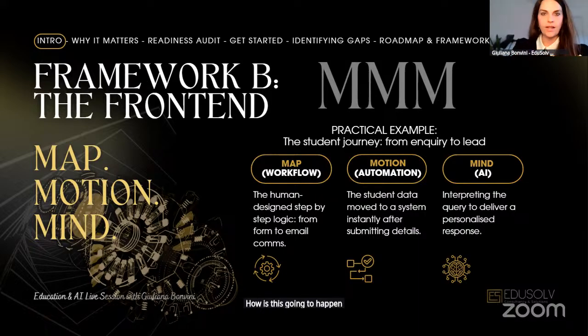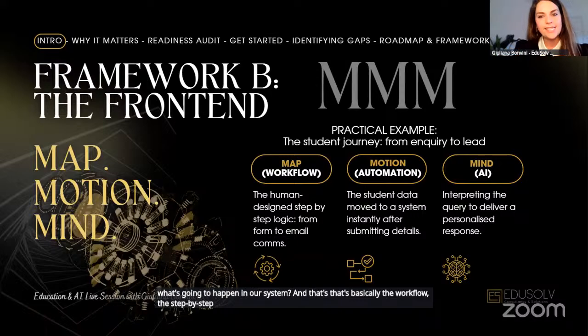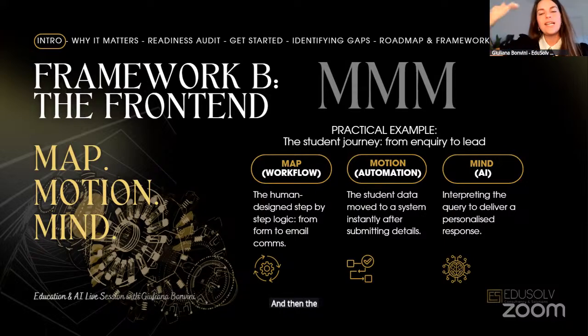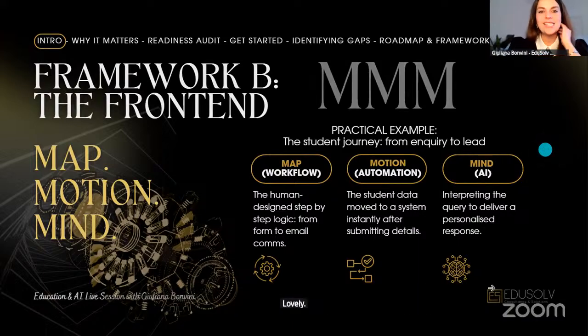What are the steps that they're going to take? What's going to happen in our system? That's basically the workflow, the step-by-step process that we need to put in place. And then the automation, which is moving data from point A to point B. And then the AI working in the background to transcribe and interpret the situation, make decisions, and generate an output. Okay, lovely. So that's the framework B.